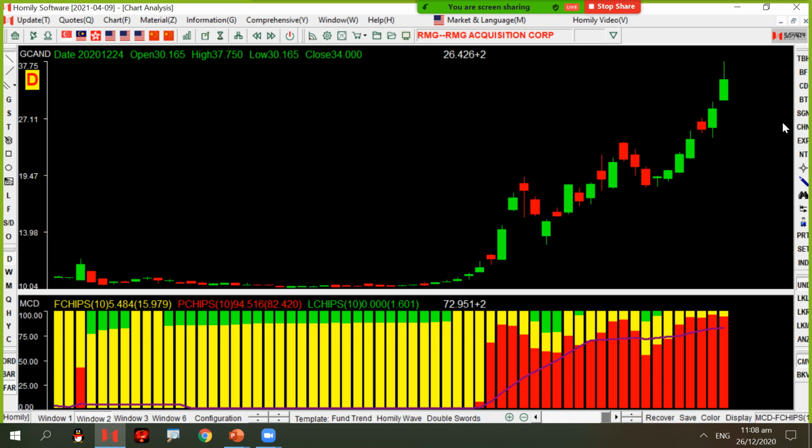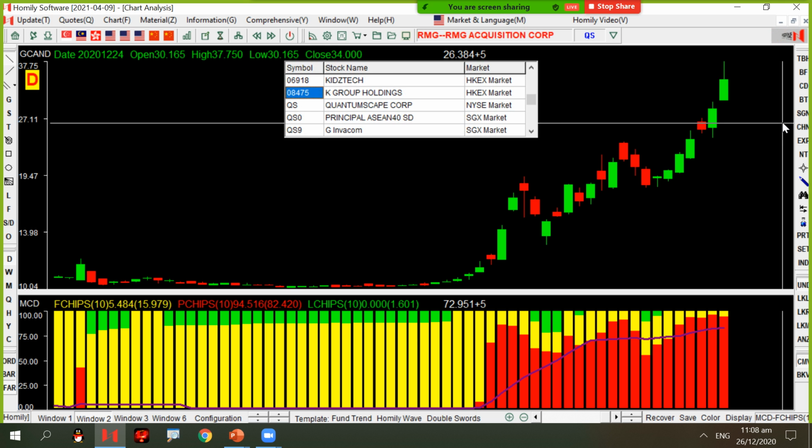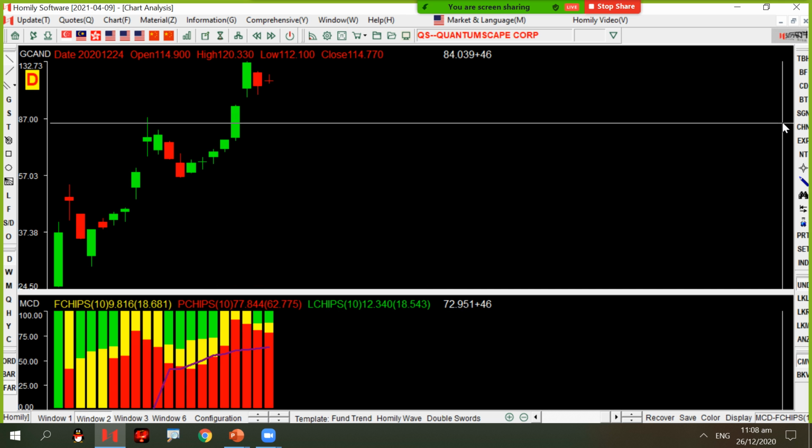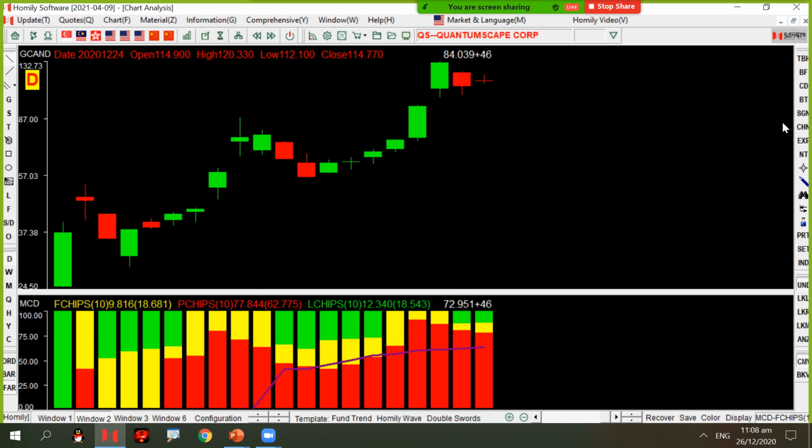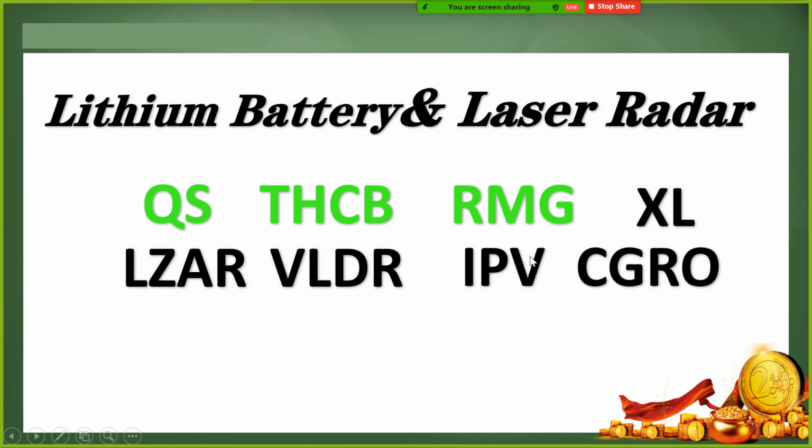You see, in the recent 3 months or half year, so many SPAC IPOs, like Snowflake, right? Like this one is the QIs, QuantumScape. So many, right? So I think the sector is very important for us.